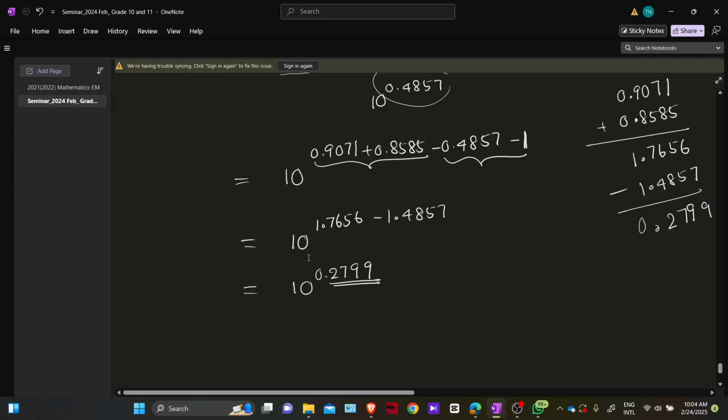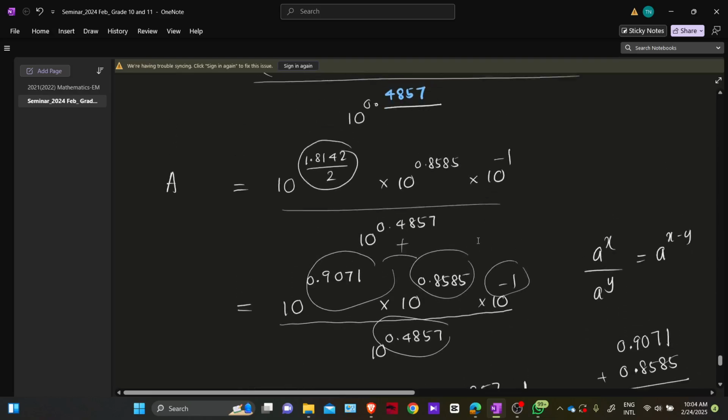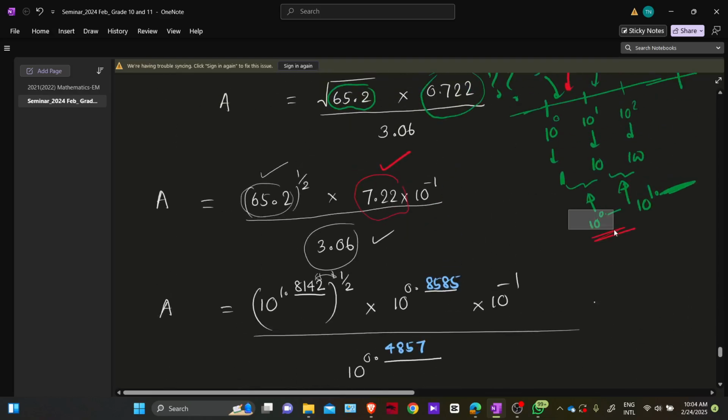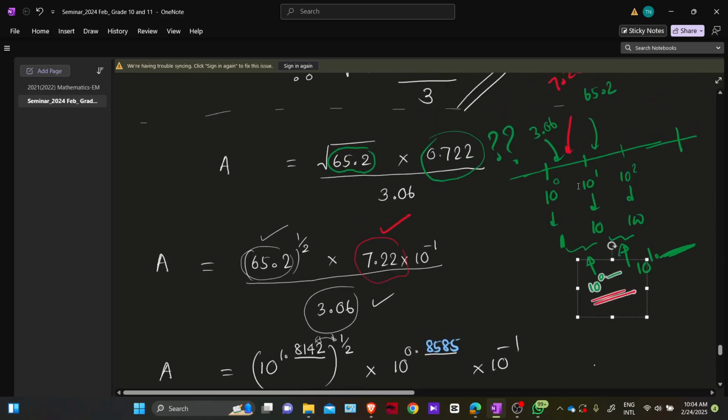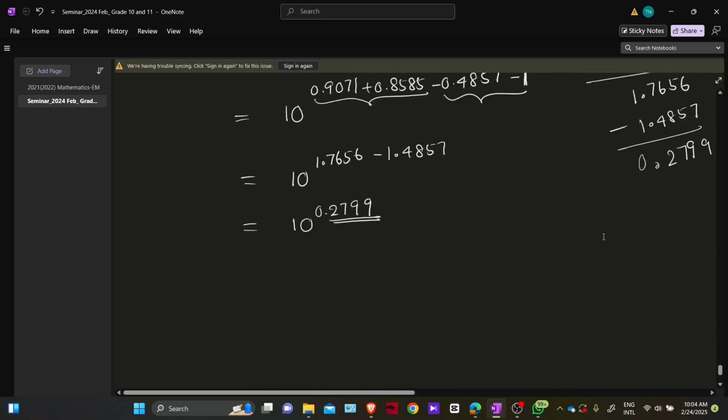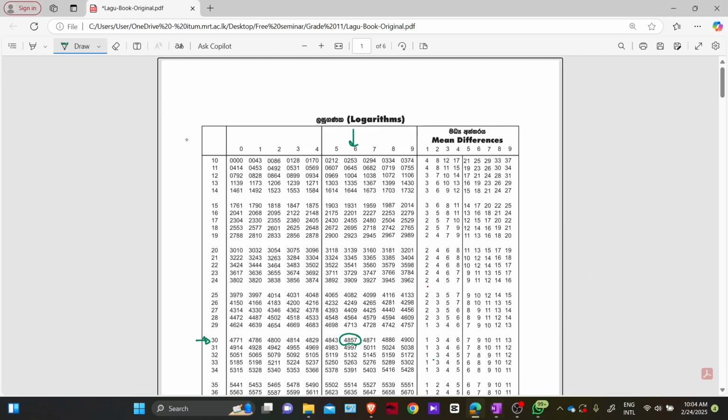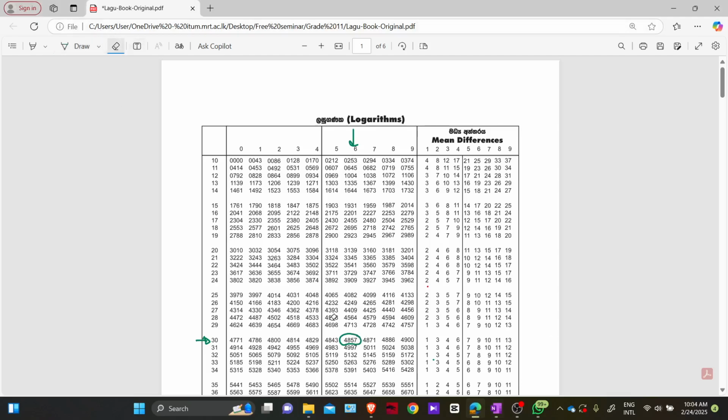Now look at the answer. The front value or the characteristic is 0 point something. 10 to the index 0 point something means the result will be in between 1 and 10. Right? Let's find the location of these 4 digits. 2799. Where are you, 2799?